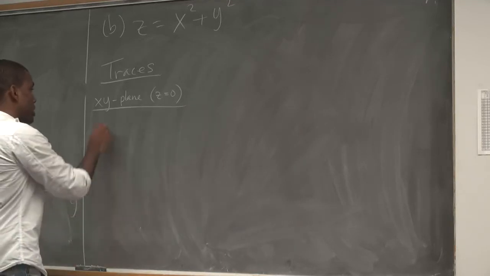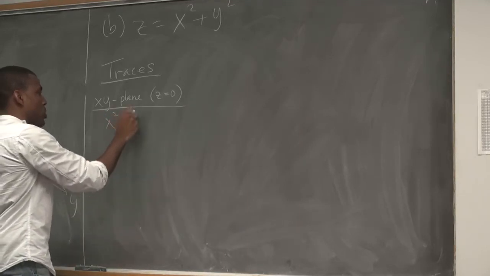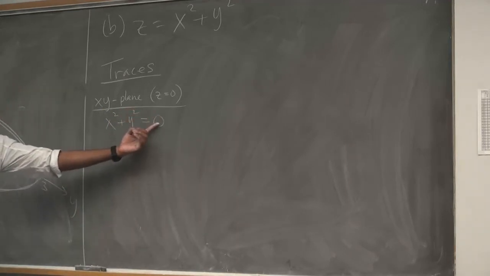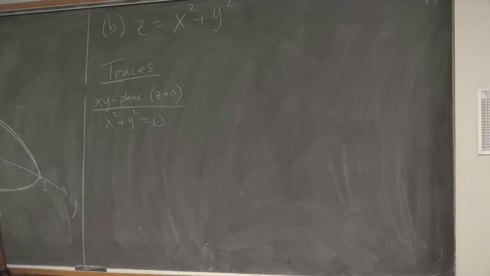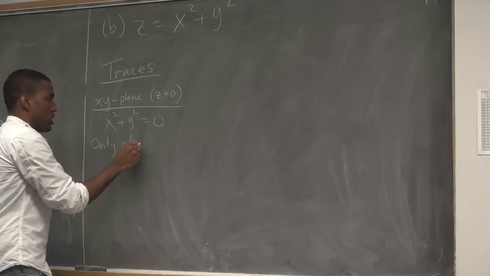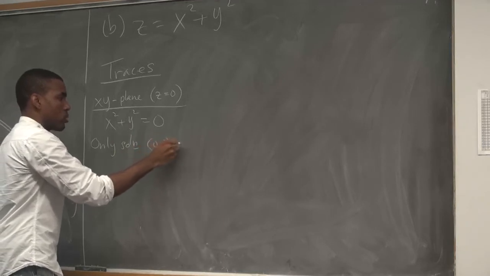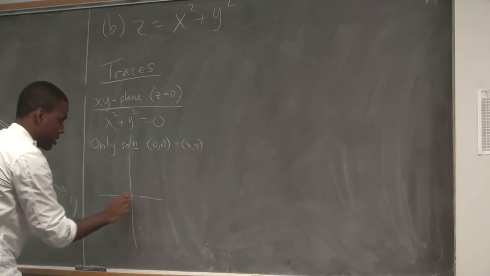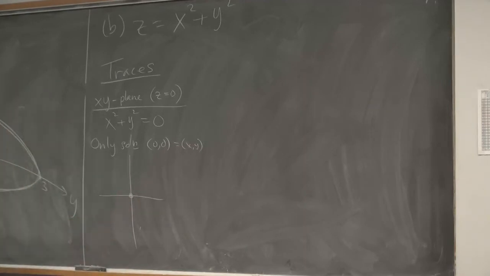It's a point at the origin, because here I have x squared plus y squared equals 0. If any of these were non-zero, I'd get a positive number over there, because they're the sum of squares. Right? The only solution is literally 0, 0 for xy. So that trace is a point. So in the xy plane, it only touches it in one point.